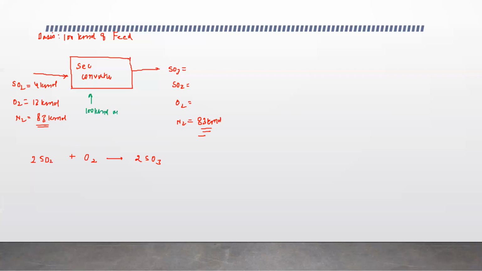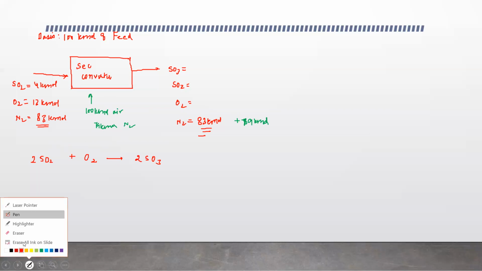Along with that comes 79 kilomole of nitrogen, since air is 79% nitrogen and 21% oxygen. Then we would have 83 plus 79 kilomole, because that is the total input of nitrogen. But for the time being that's not the case, so we'll just avoid that.